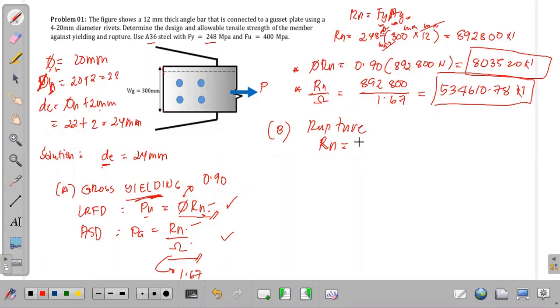Nominal is equal to FU times AE. So given yung FU, which is 400 MPa, ang kailangan natin is yung value ng AE. Okay? So ano yung magiging value ng AE natin?